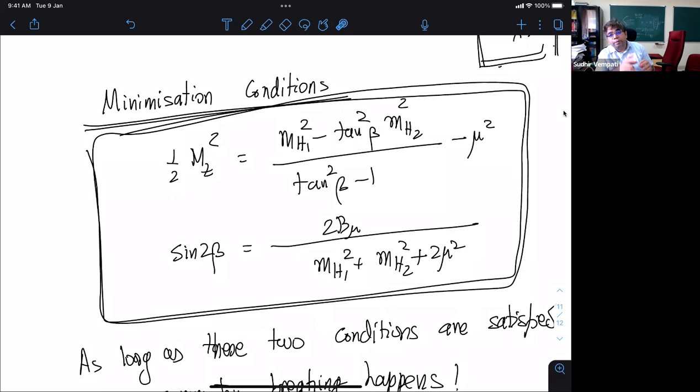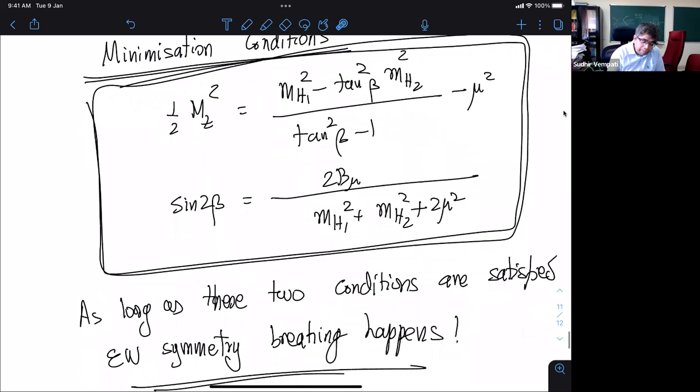So you can trade two of the parameters, mu square and b mu, for tan beta. You can determine tan beta and mu square completely by these relationships. That way, you are in the parameter space which satisfies electroweak symmetry breaking.